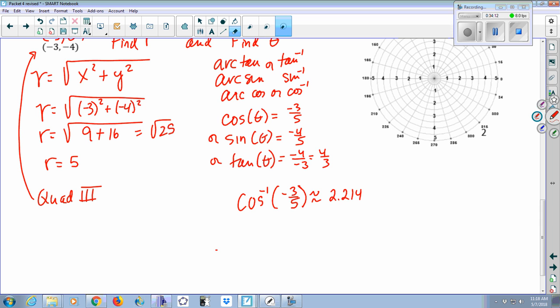2.214. That is some angle right here. That's theta, 2.214. Not this thing. Not that thing.